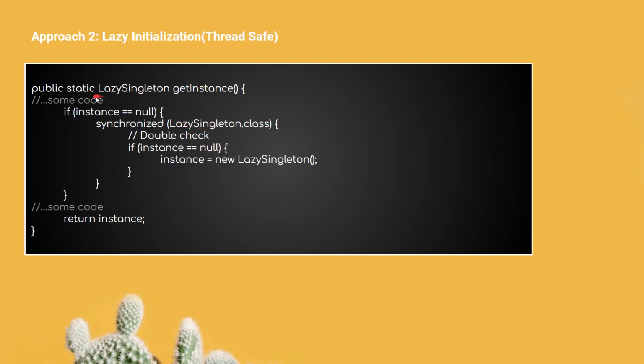Rather than making the complete method synchronized, which has a drawback, right? It will take more time to complete this method. So rather than doing this, we have used a synchronized block, and over here we have used the class level lock. And we are checking twice over here and returning the new instance, right?